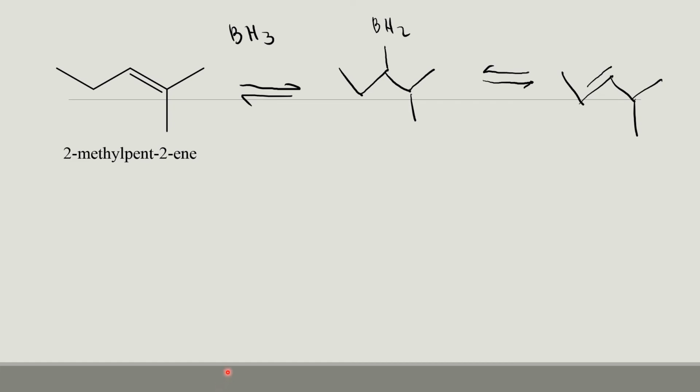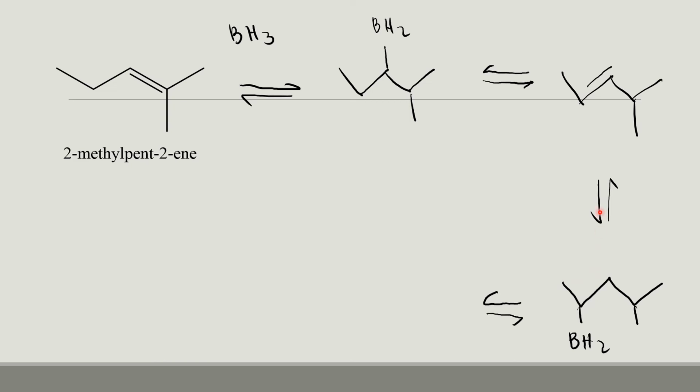pwede ulit mag-reverse, no? From here, magkakaroon ulit ng reaction with BH3. Yeah. So, ang mangyayari naman is BH2 here. Yan. Okay? So, dahil reversible ulit ito, remember that it's a reversible, itong compound na meron tayo ngayon dito, no?